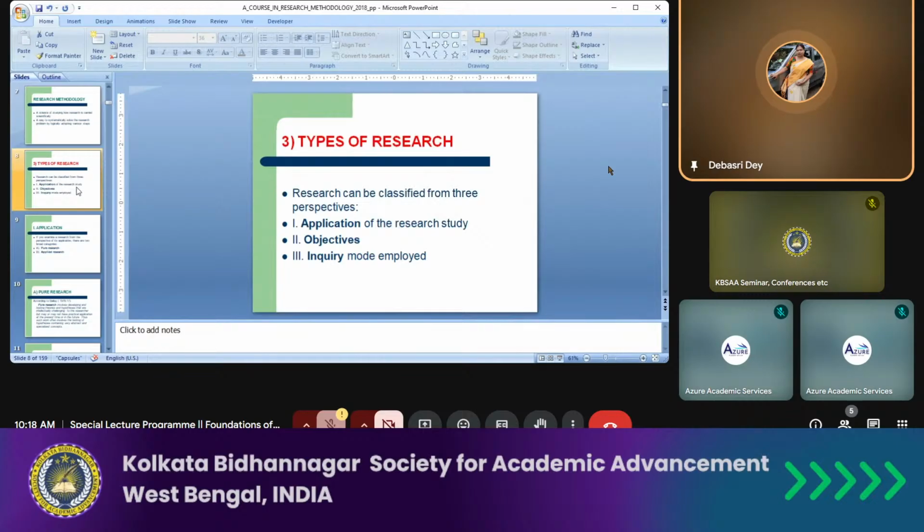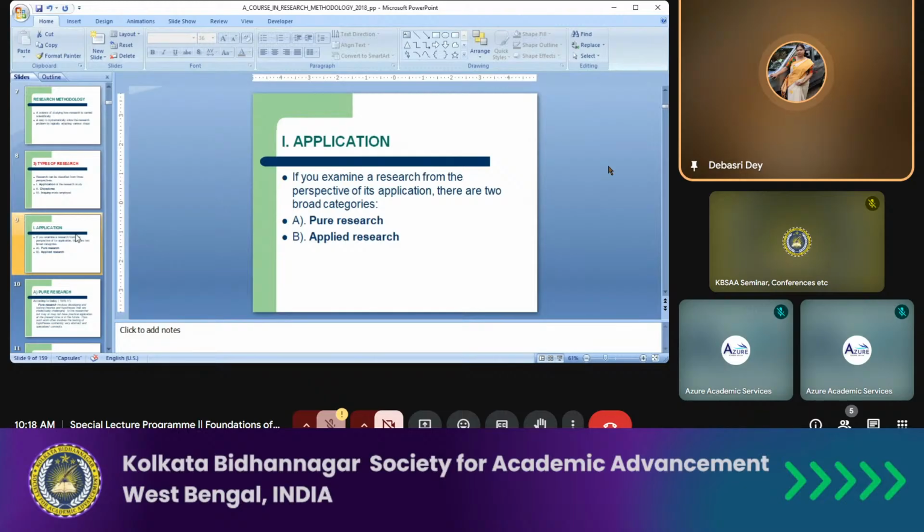Based on these three perspectives, along with your entire methodology, which generate these three words, we are going to classify the research and many more.